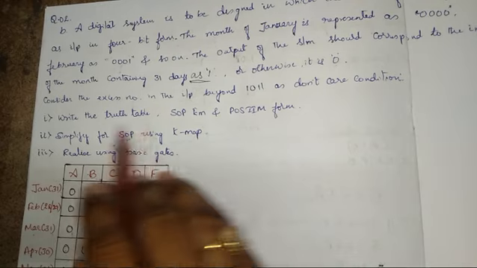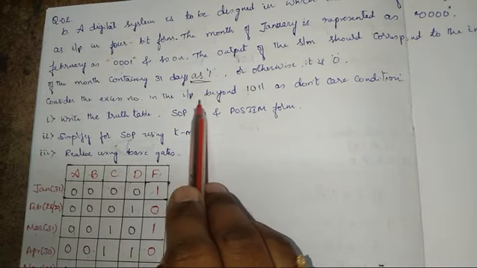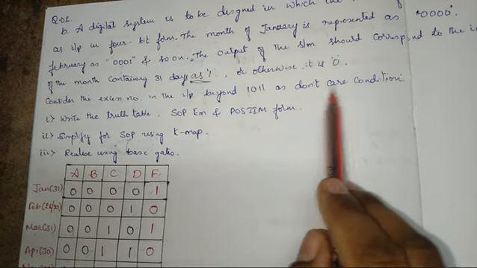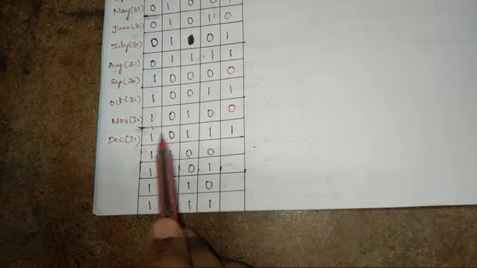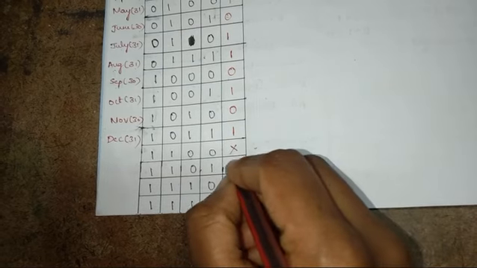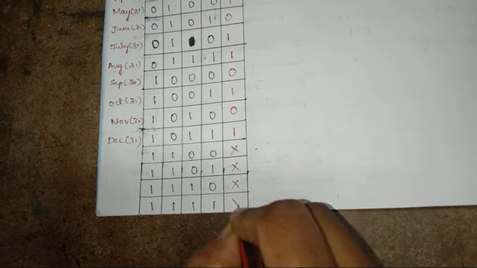Next, for the other conditions, consider the excess numbers beyond 1011 as don't care conditions. After this condition, the output we have to consider as don't care, which is represented by the letter X.